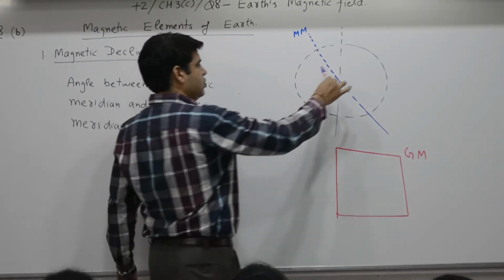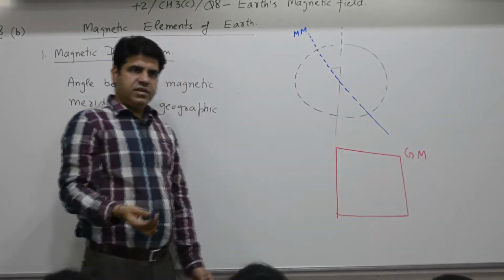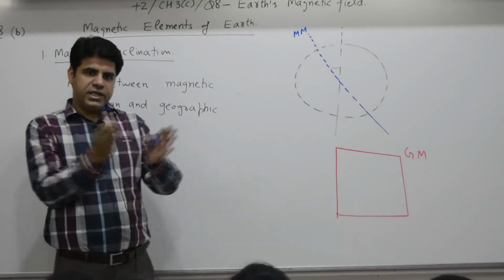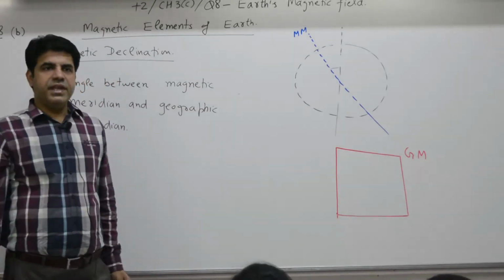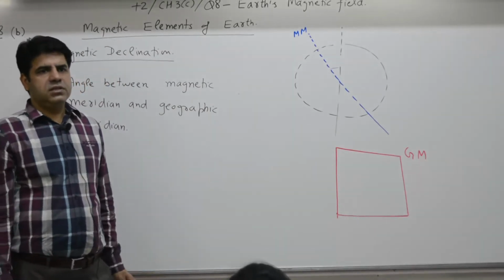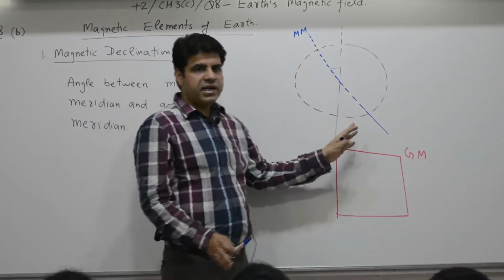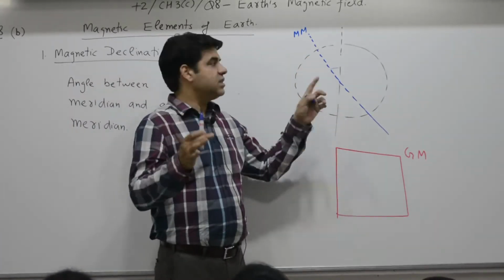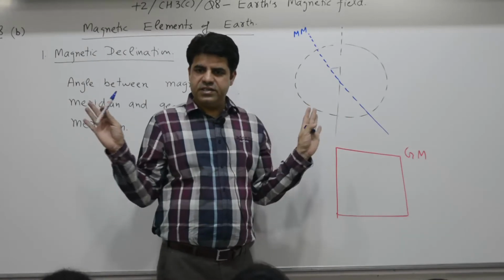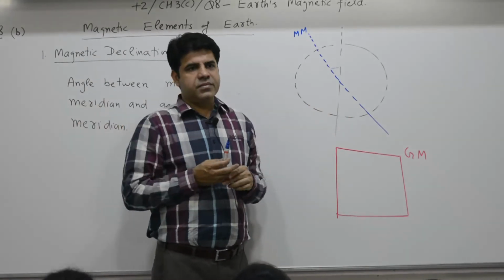Angle between the two, which is again likely to lie between 10 to 20 degree, will vary from place to place because it is equivalent to a magnet. It is not exactly a thin line magnet placed inside. It is equivalent to a magnet.